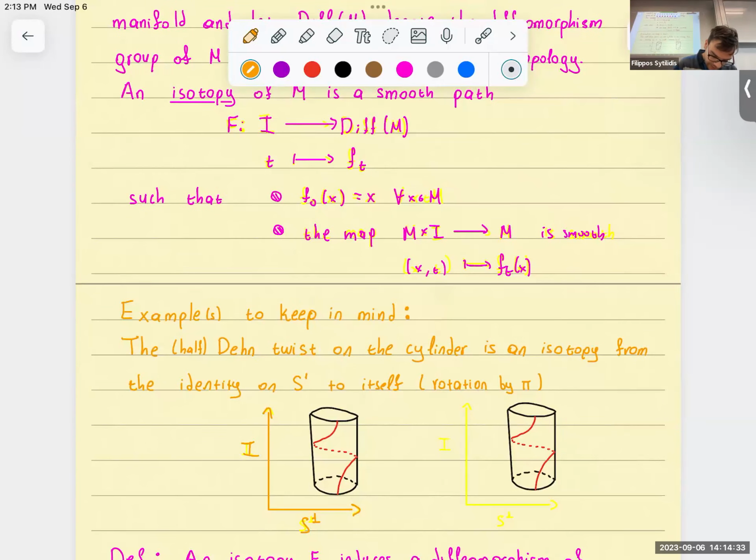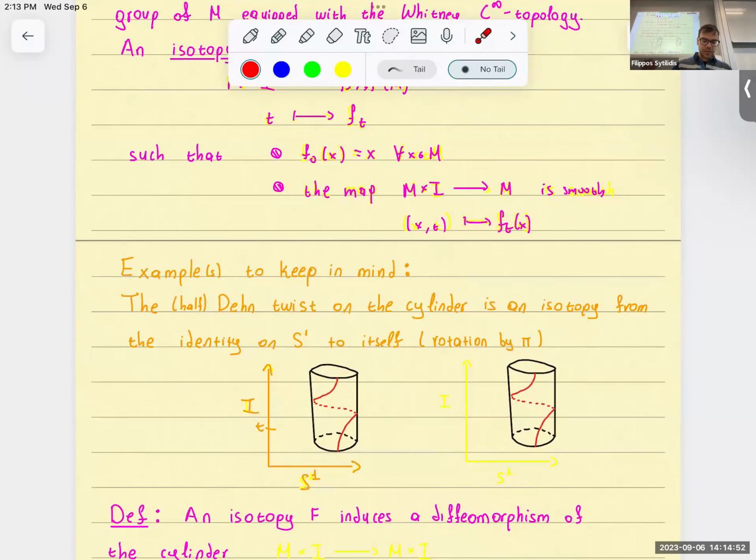And at time t, I have a diffeomorphism that sends the red point here to the red point here. So that's how I'm visualizing the isotopy. And so this here is an isotopy from the identity to the identity, because at time 1, I'm just sending the point to itself.